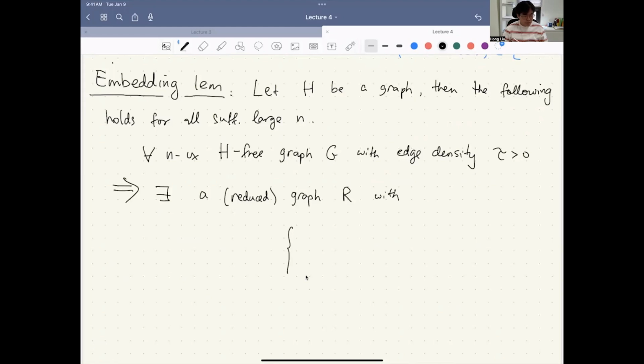The property is, first of all, the edge density of R is almost the same as that of G. So the edge density of R is at least tau minus little o1.